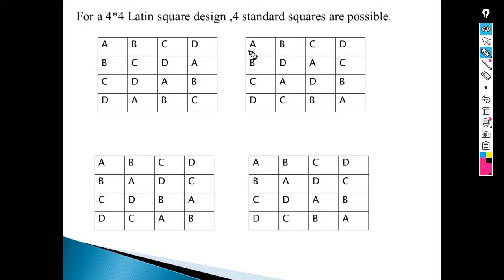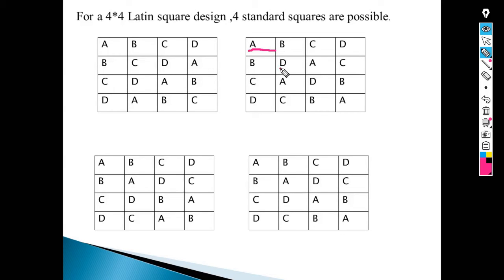In the second, we also assign A, B, C, D in our first row and A, B, C, D alphabetically in our first column. For the remaining plots, we assign our treatments in such a way that in each row and in each column we get one treatment only once.